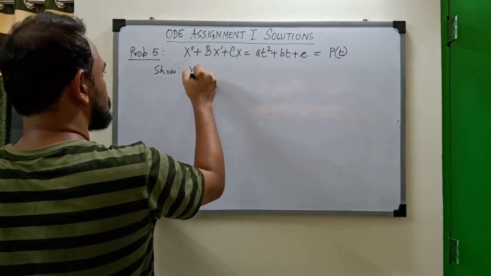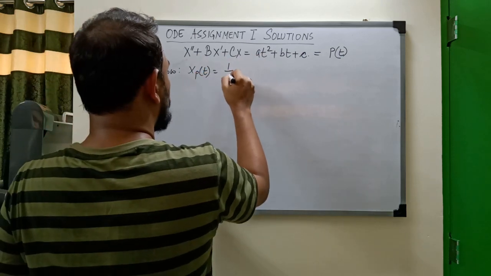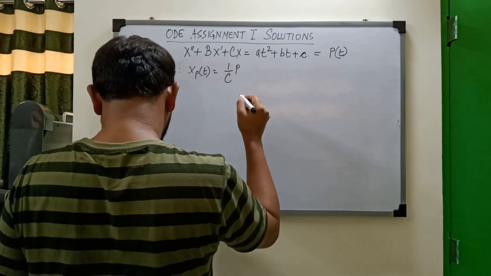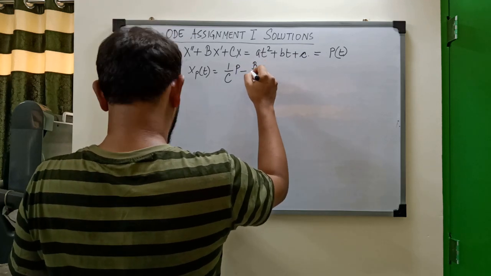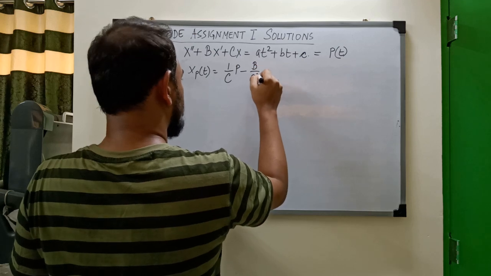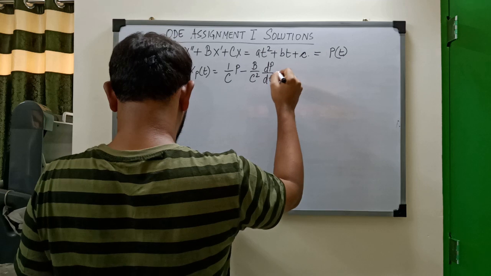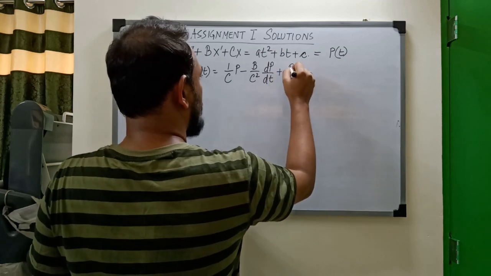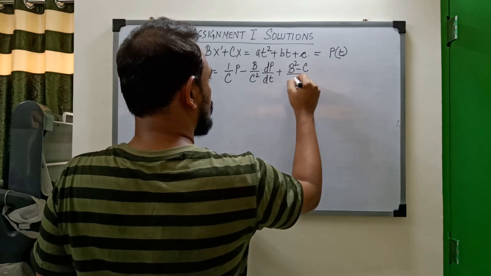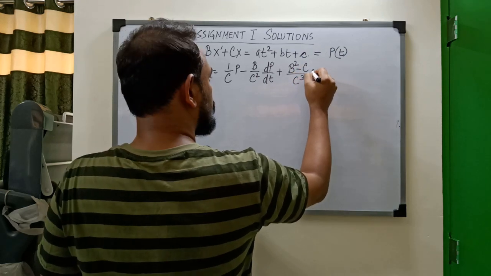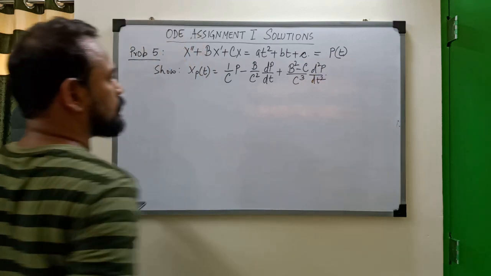Show that xp, the particular solution for this differential equation, is 1 over capital C P minus b over capital C square dP dt plus capital B square minus capital C over C cube d2P dt2.